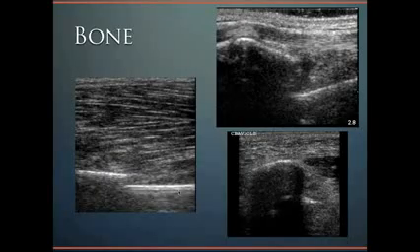When the bone has a fracture in it, we can see a step-off. So here's one bony fragment here, a step-off, and then another bony fragment here. We can see this up here as well. Here's a bony fragment coming along, step-off, and then another bony fragment going this way.